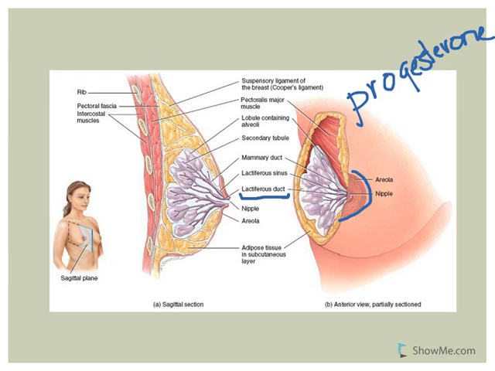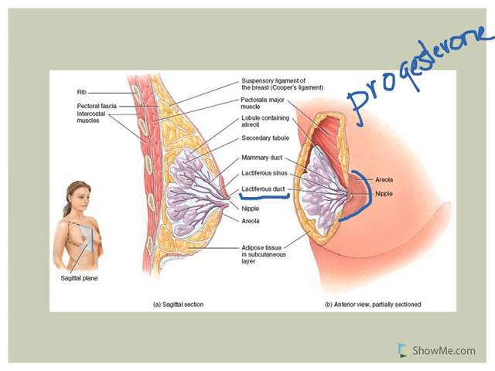So I want you to think of progesterone as a progestin, which literally means for gestation. It's preparing you for having a kid. So progesterone helps the development of the breast to become very glandular.